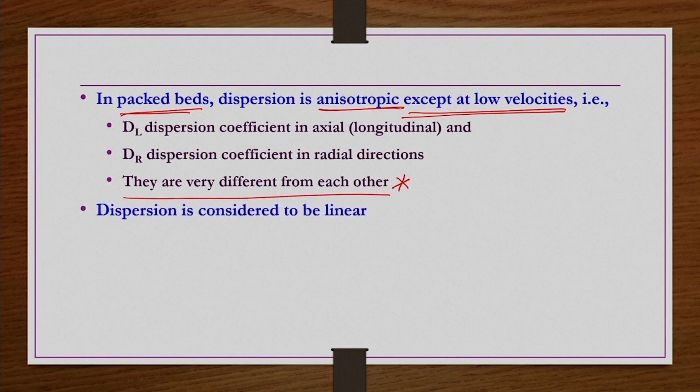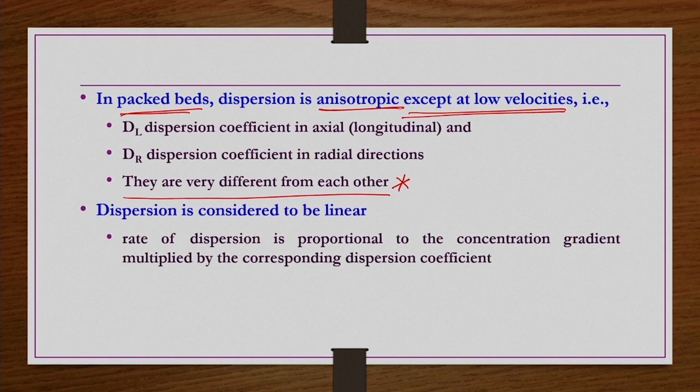Dispersion is considered to be linear in general, and the rate of dispersion is proportional to the concentration gradient multiplied by the corresponding dispersion coefficient. It is defined in a slightly similar way as we define molecular diffusion.